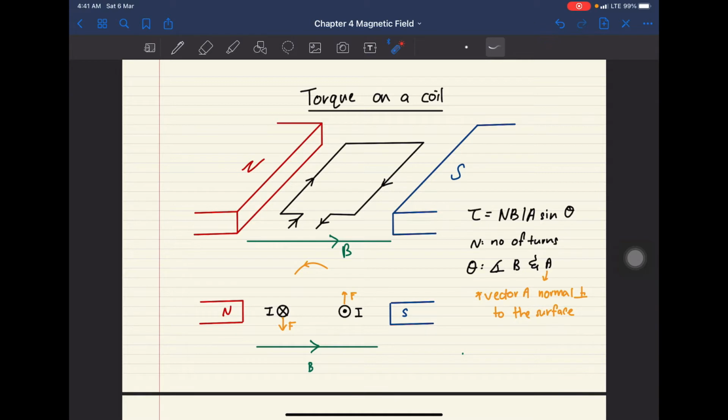That's the idea. If you're only looking at one part here, and this one is another part, this one another part, and this side another part. If you are focusing on this part first, the current is moving in this direction, and the magnetic field moves in that direction.